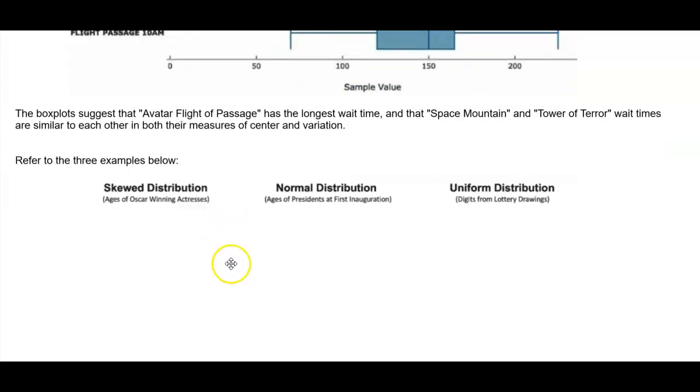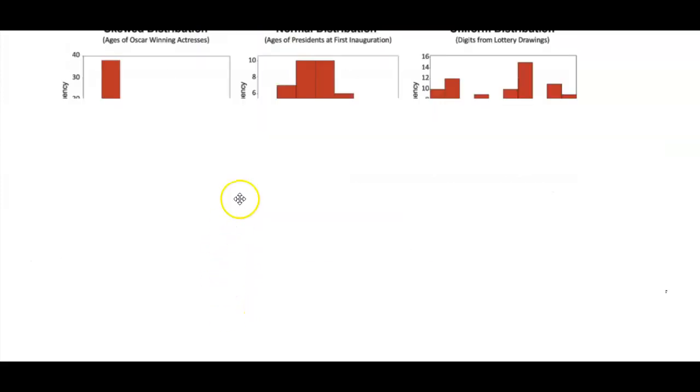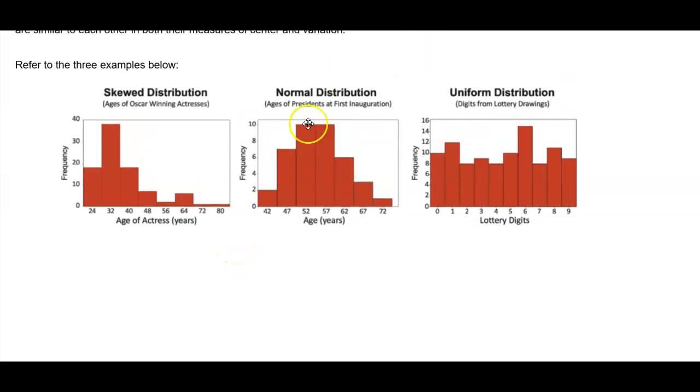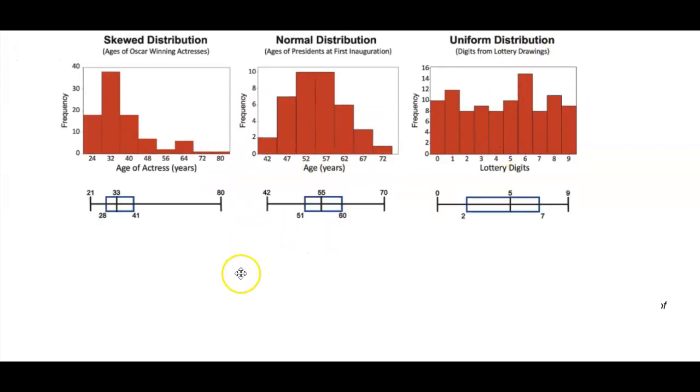Now, refer to these three examples below here. We have a skewed distribution, a normal distribution, and a uniform distribution. For the skewed distribution, you can see here we have the age of actresses in years. Here's a normal distribution, which is just age in years, and this is what's considered a uniform distribution.